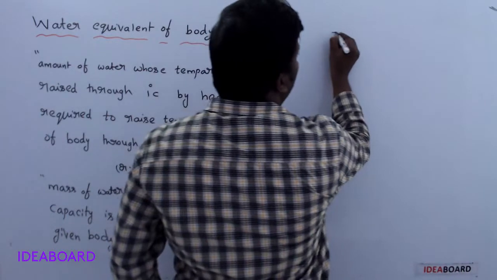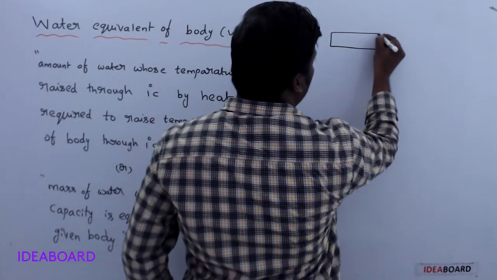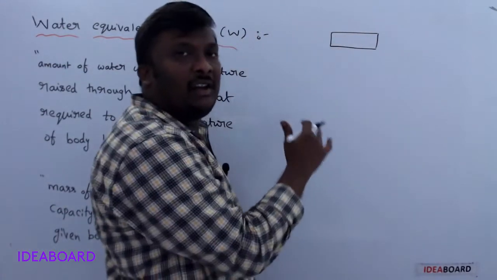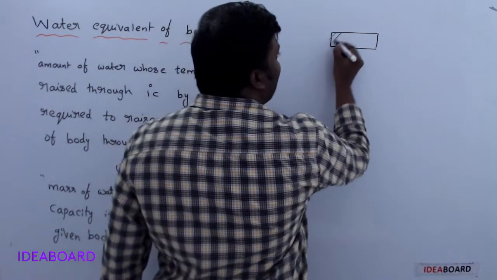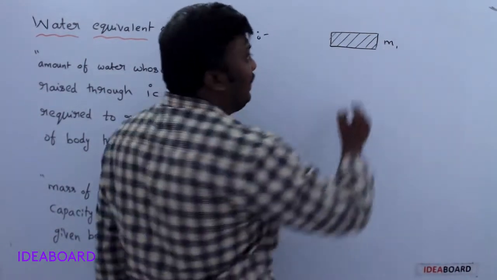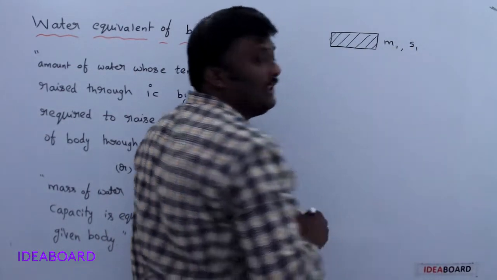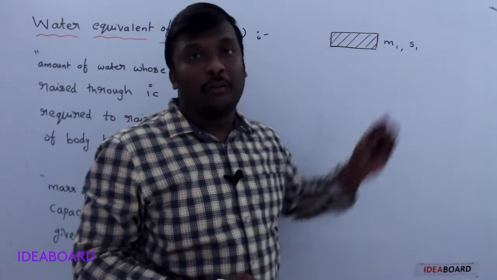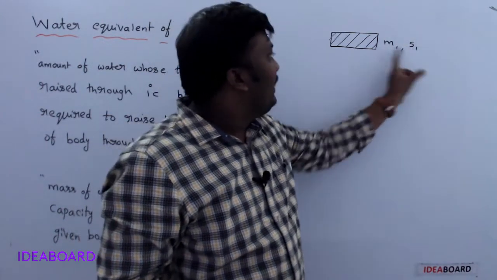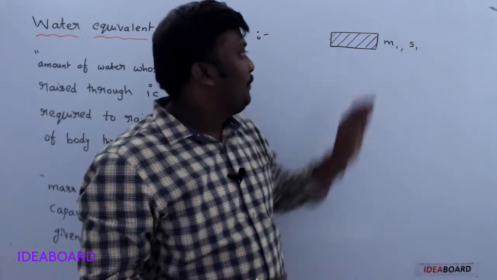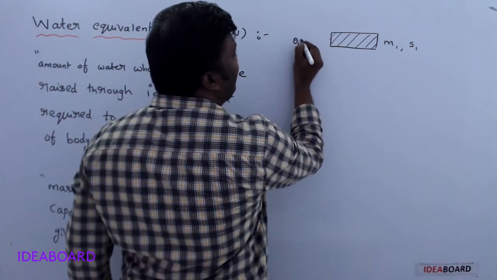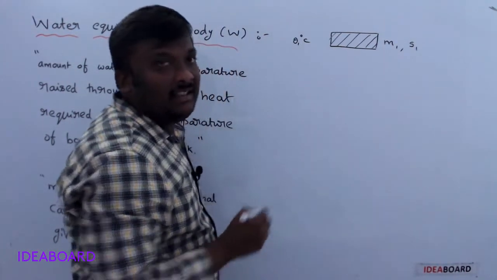Okay, so here I am considering one body. Anything, your wish, maybe copper or steel or whatever you take. Let this substance have some mass m1 and specific heat S1. Specific heat of copper, we said, is 0.1 calorie gram inverse degree Celsius inverse. So the specific heat of the substance is S1 and its mass is m1. Initially the substance is at a temperature of theta 1 degree Celsius.